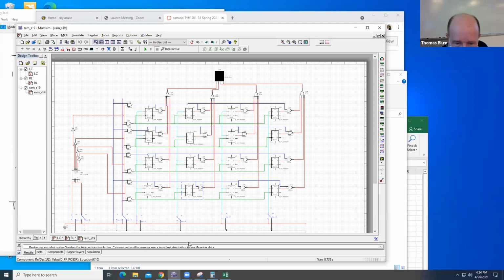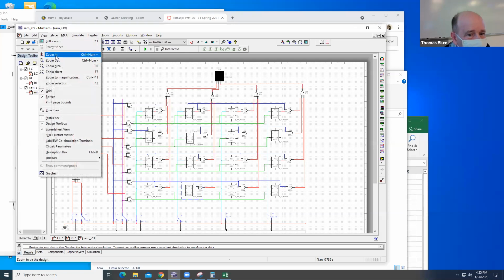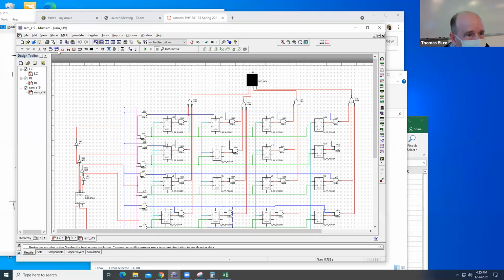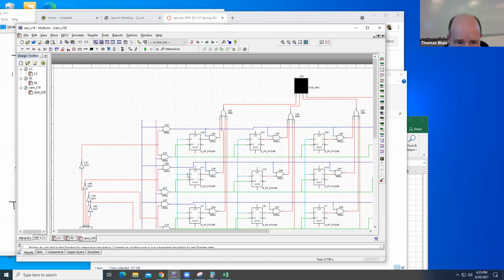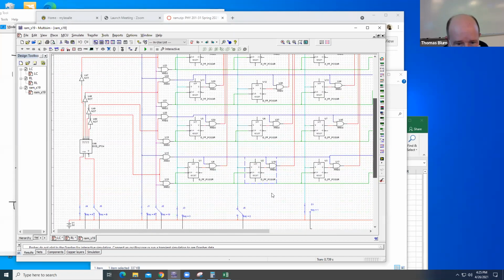So this is the data you're trying to read in, because that's the D. Let me view, zoom in a little bit. Okay, maybe a little bit more. So these switches are connected to the Ds. So that's the data you're reading in. If you try to write some data, this is going to be the data you write.